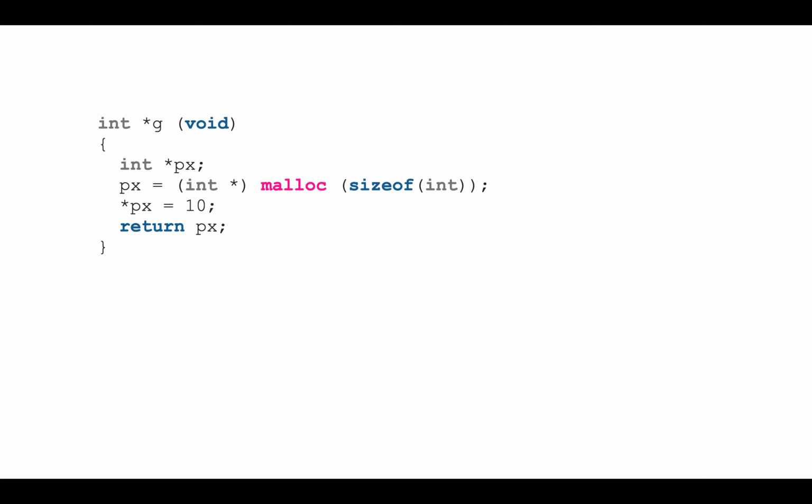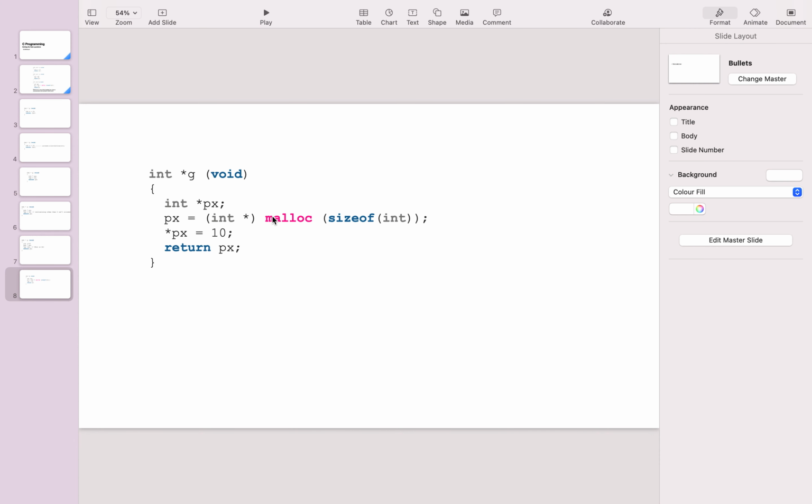So malloc will allocate the memory inside the heap segment and return the address to px. You assign to *px, meaning you are referring to that memory, and then you assign the value 10, and you return the address, which is possible.